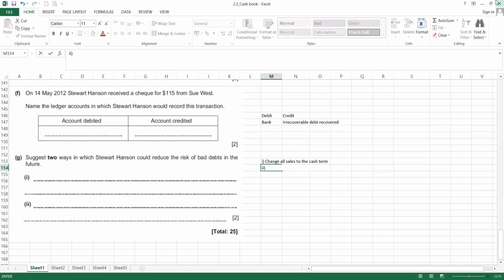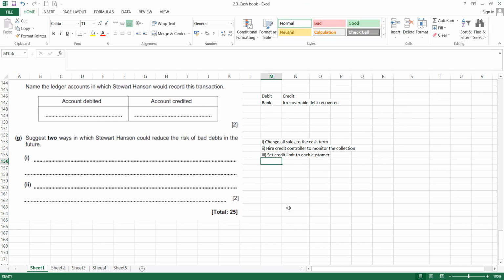That is called hiring a credit controller to monitor the collection, so that you will reduce the bad debt because you keep on calling customers. Or another way nowadays in the accounting system, they can set a credit limit for each customer. Once the customer goes above the limit, they can't buy from us anymore. That's a good way to do it. Okay, next move on.